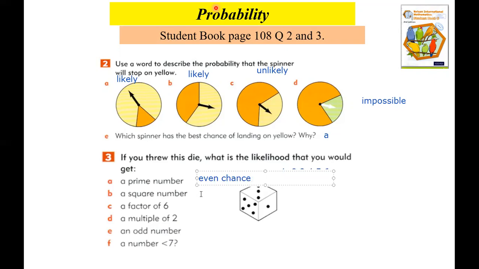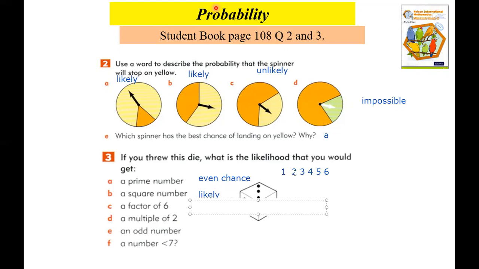You can write this in your student book. Okay, let's answer together. A square number. What are the square numbers here? We have 1 and 4. So we have likely. A factor of 6. So 1 and 6, 2 and 3.